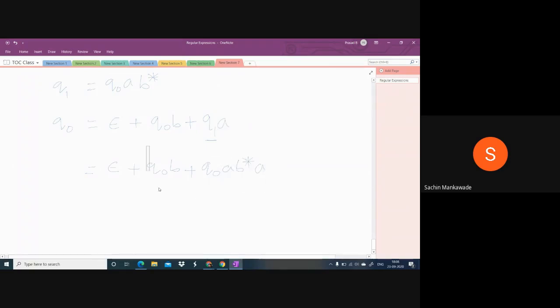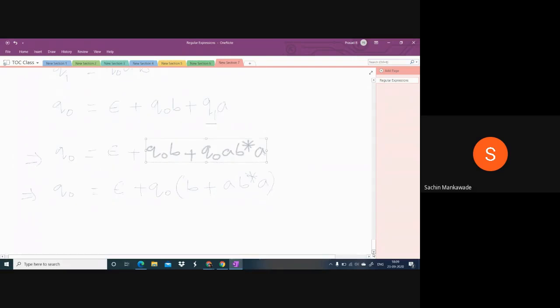Now, here in these two terms, we have Q naught common. Therefore, I am taking Q naught as common. Q naught equal to epsilon plus Q naught times B plus AB star A. Do you understand? From these two, I have taken Q naught common.